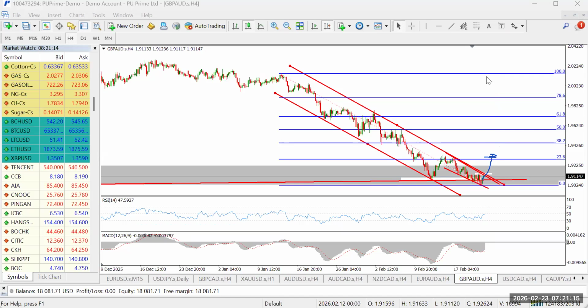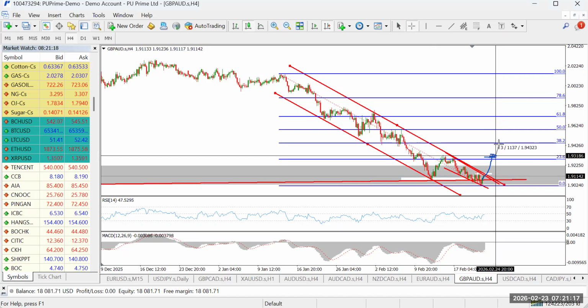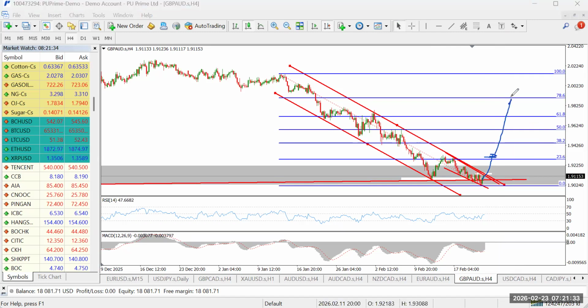But anytime the coast is clear, you can look at taking as much as about 132 pips to Fibonacci 38.2, about 255 pips to Fibonacci 50, and as much as about 396 pips to Fibonacci 1.8. So the choice is just how you want to take it, either as an intraday or a swing trade, and that should depend largely on your trading style also. So we have a 1 hour breakout and a 4 hour breakout to catch on the GBP AUD.